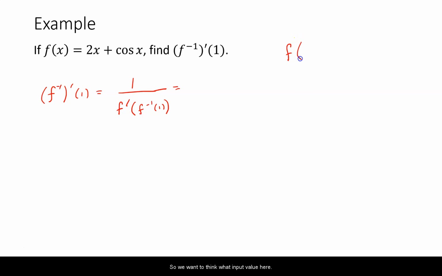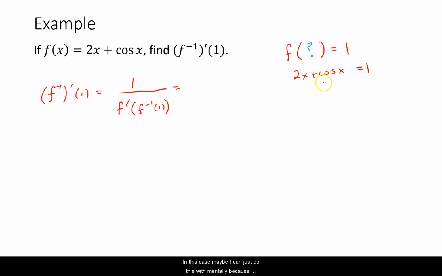So we want to think what input value here will give us 1. Because if we can solve that, then we know what f inverse of 1 is. So let's try and solve this out. Let's take 2x plus cosine x, equal that to 1. So what would be a solution here to this equation?